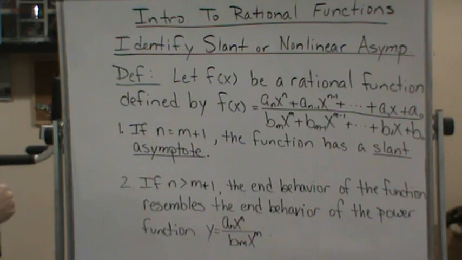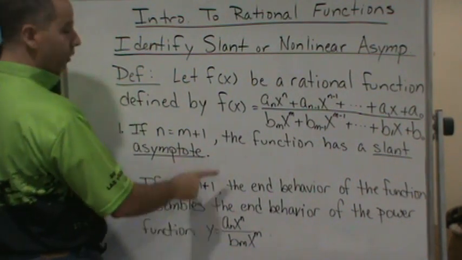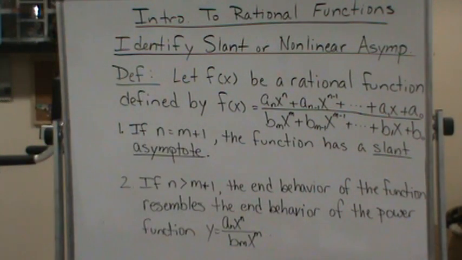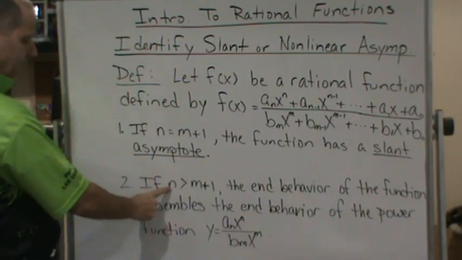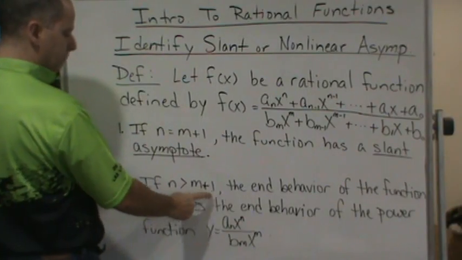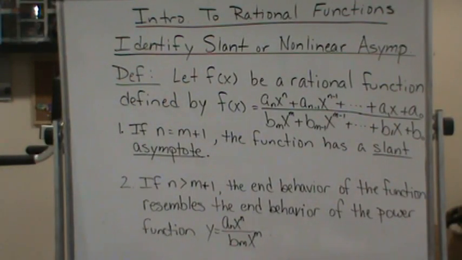Okay? 2, if the degree of the top is more than 1 degree higher. So in other words, if n is more than m plus 1. So again, let me repeat.